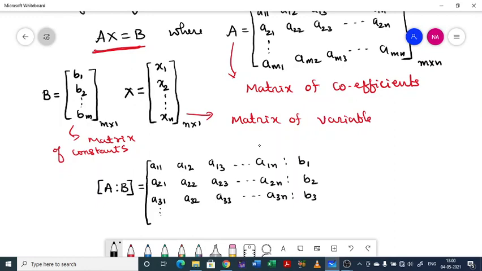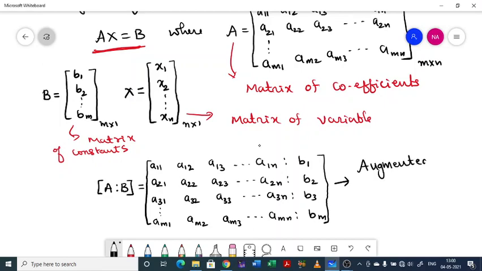Continuing this, Am1, Am2, Am3 and so on, Amn colon Bm. This matrix is called augmented matrix.